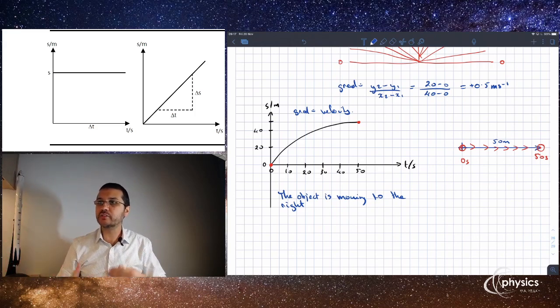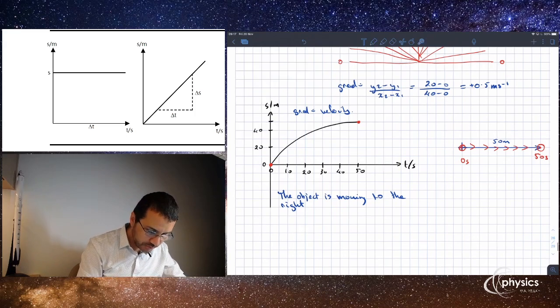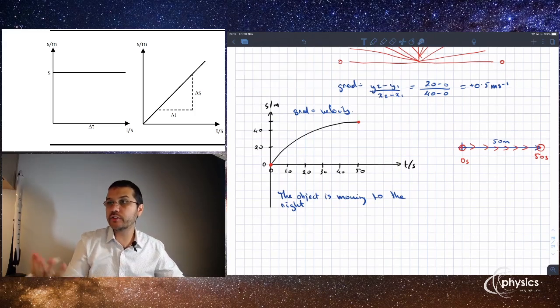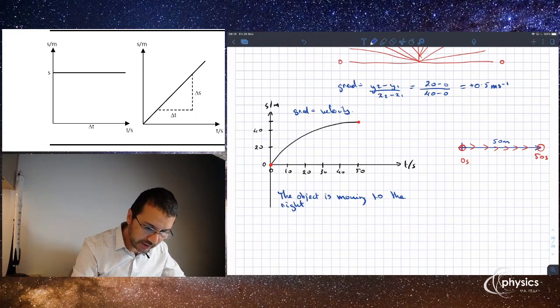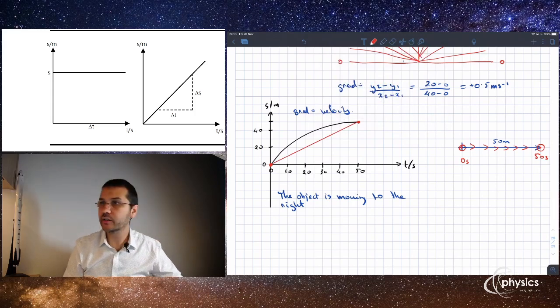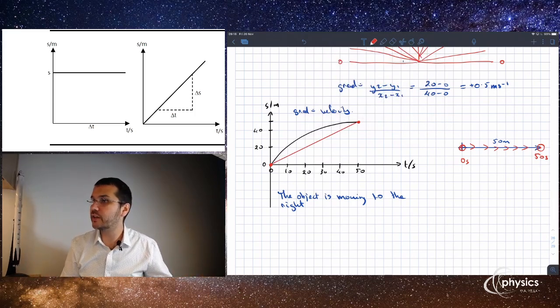So I can't just find the gradient if I take the coordinates of this point and the coordinates of this point and calculate the gradient normally, y2 minus y1 over x2 minus x1, I would have found the gradient of that line, which is not my curve.